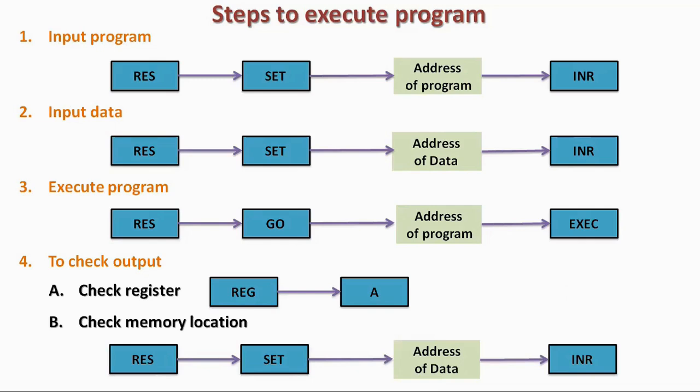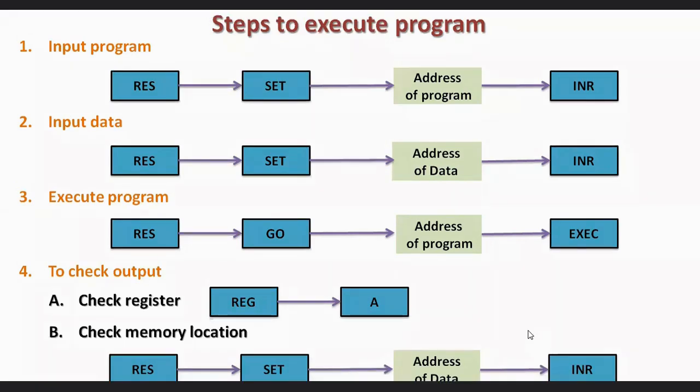Here address of data means address of output data, and then press the increment button. So in this way, we can execute a program on a microprocessor kit. Now we'll see the demonstration of how we can input data, how we can input a program, and how we can execute a program on the microprocessor kit.